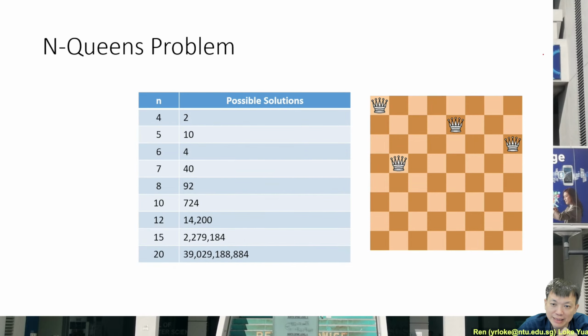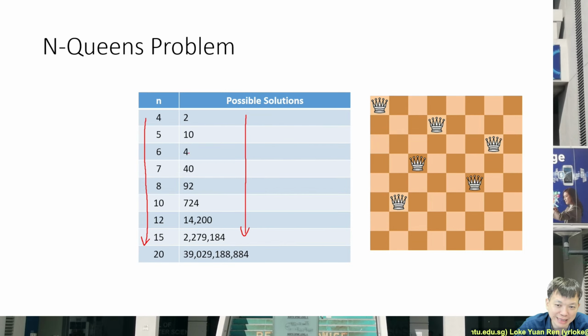People find that you notice the pattern in the number of possible solutions is not clear. When your problem size is increasing, yes, the number of possible solutions is also increasing. But if I'm not wrong, right now people still haven't found out how to calculate the number of possible solutions.